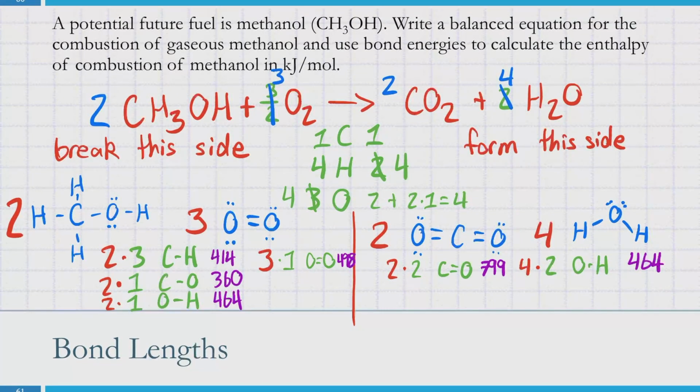So what does this look like going into a calculator? We've got 6 times 414 plus 2 times 360 plus 2 times 464 plus 3 times 498. That's for our reactant side.